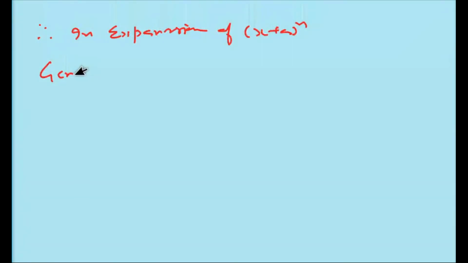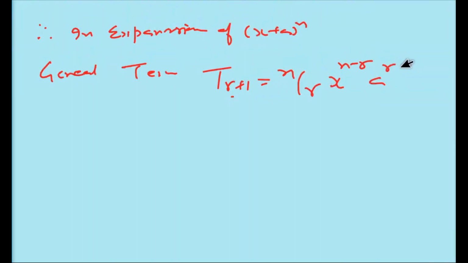Okay, hence in the expansion of (x plus a) to the power n, what is the value of the general term? That is T(r+1) equal to nCr x to the power n minus r a to the power r.